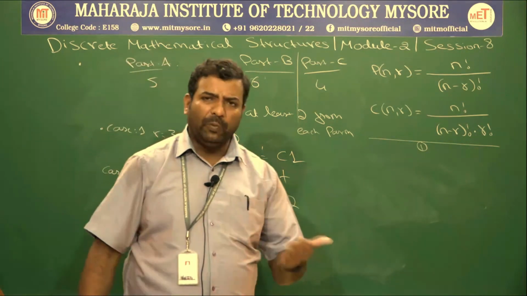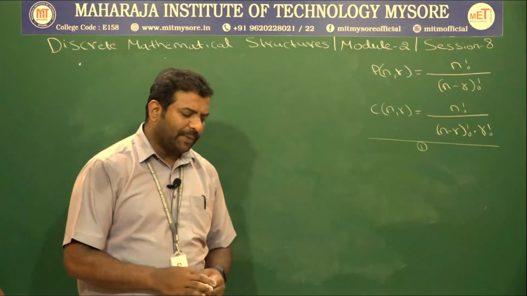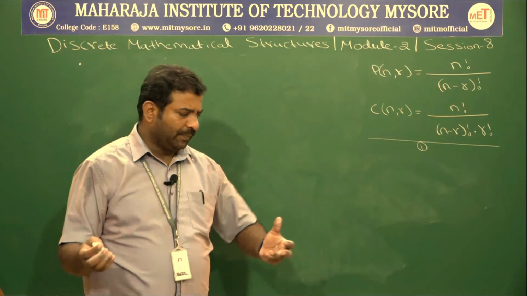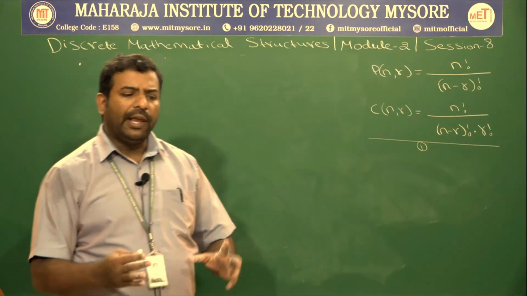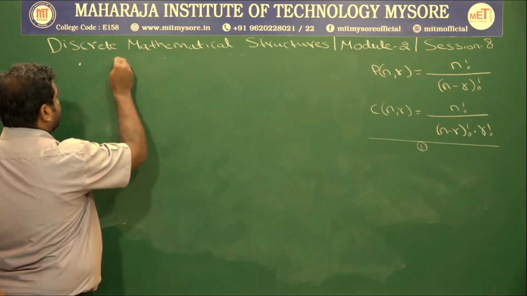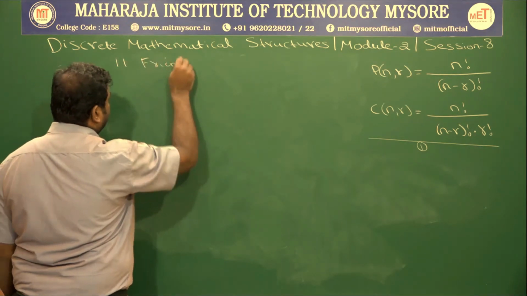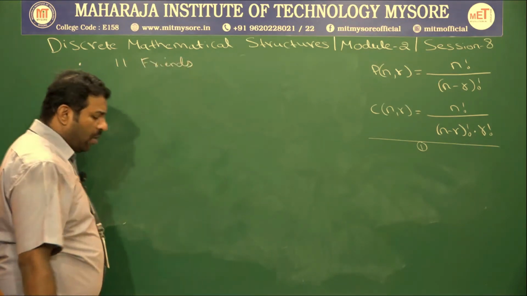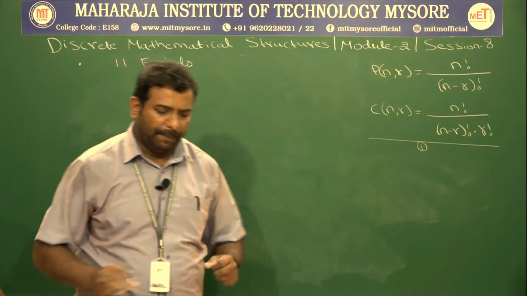Fine. So let me take one more example and try to use the solution for it. In this next example, let me take a situation where you have 11 close friends, and you are organizing a birthday party.